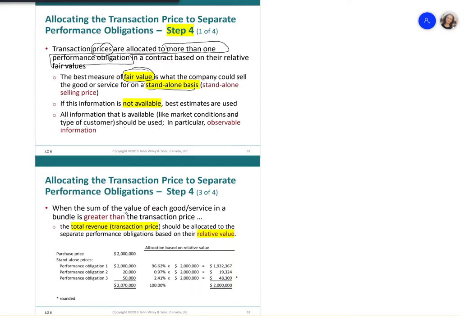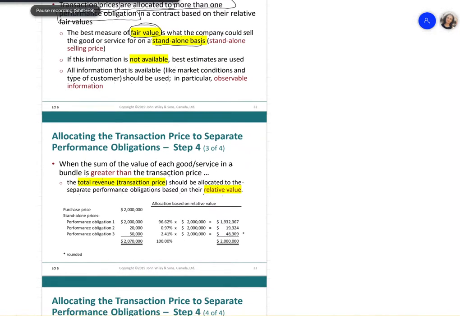When the sum of the value of each good and service in the bundle is greater than the transaction price, the total revenue or transaction price should be allocated to separate performance obligations based on relative value. So what happens in this case?